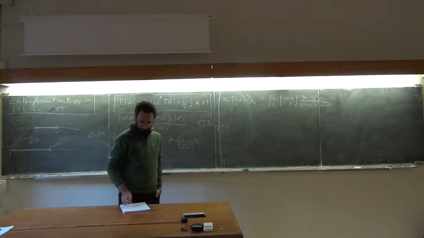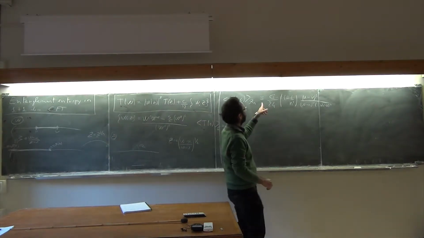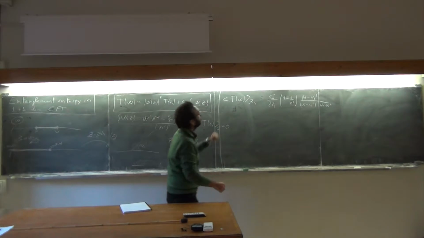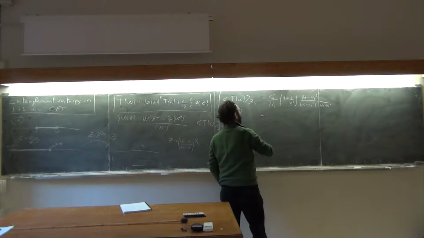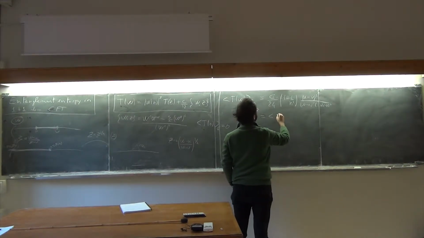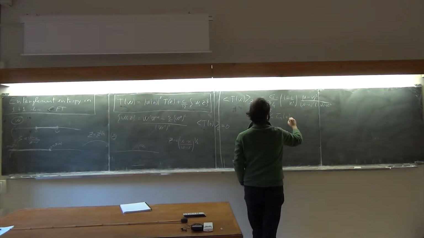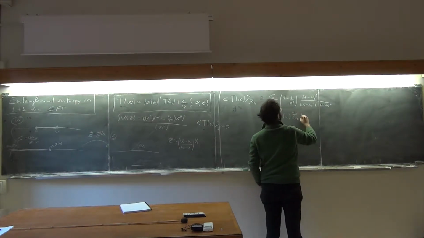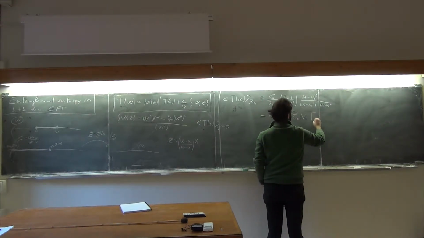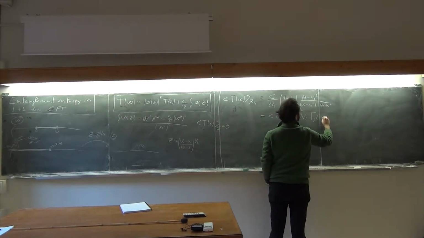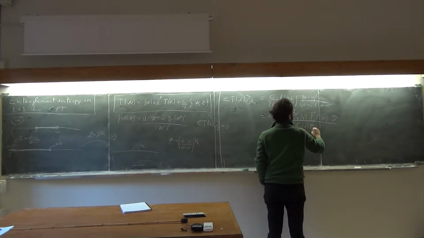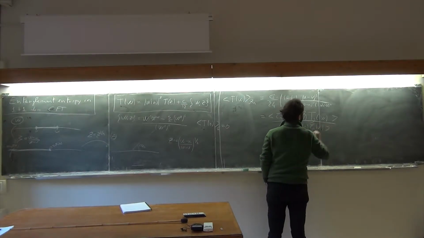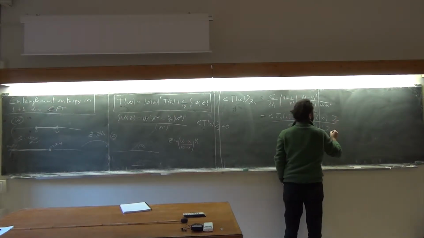Now, by the definition of the twist field, what is this object? If you take just the last line of the last lecture, what we find is that this is tau n u, tau tilde n v, Tj(w), divided by tau n u, tau tilde n v, evaluated on the complex plane.